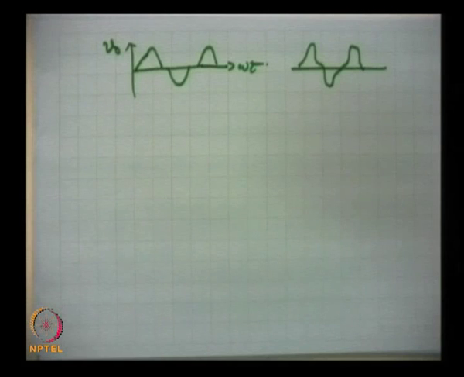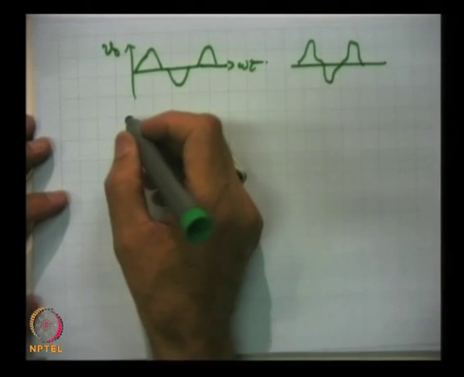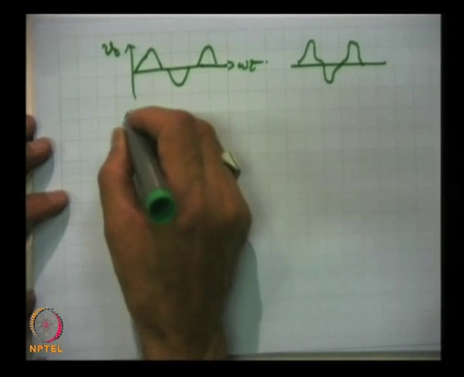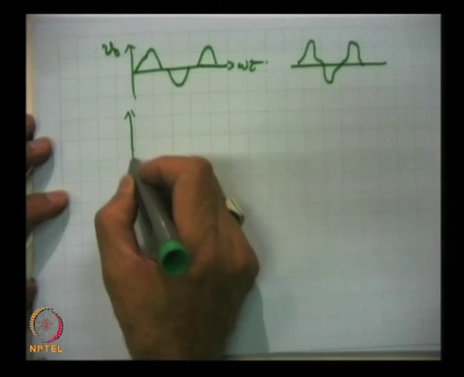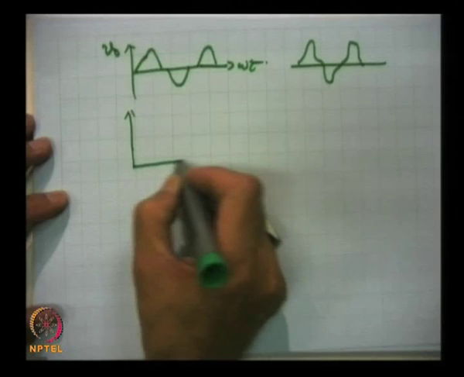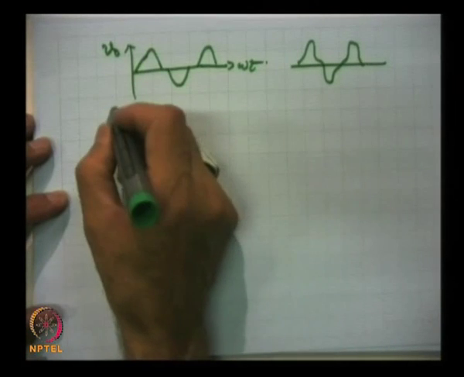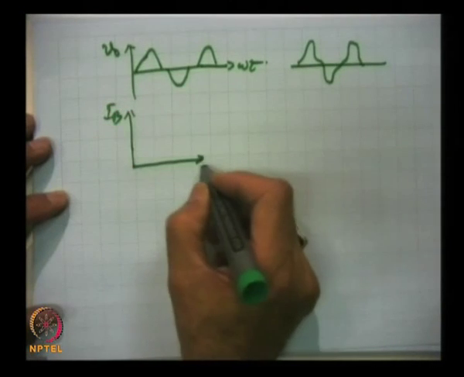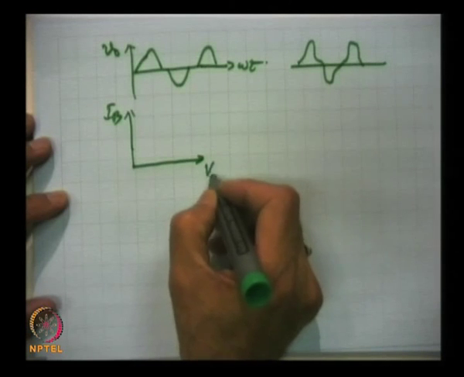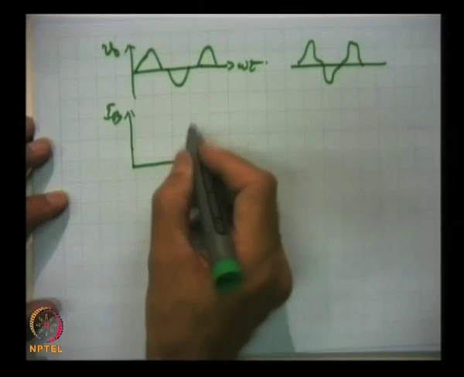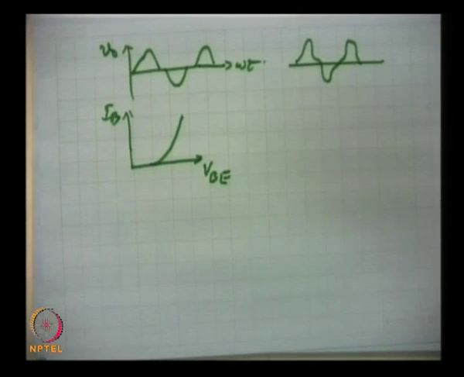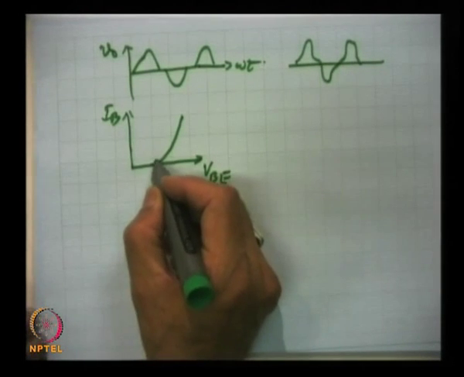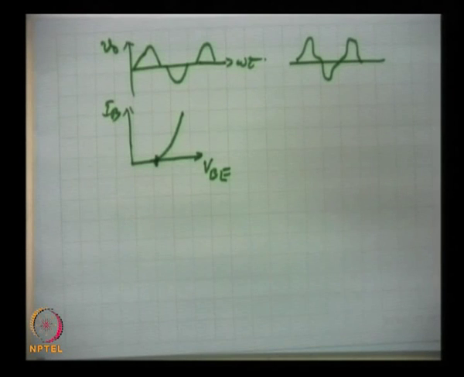How to take care of that? Our input output curve is like this. This is base current IB and this is VBE, and this is the input curve. The strict class B operation will imply taking the operating point here.